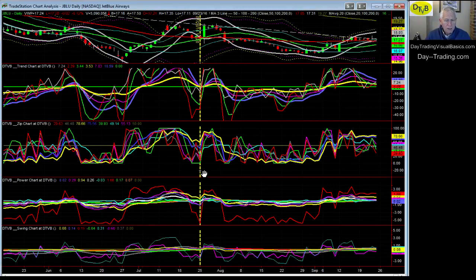But there are several right leg W pattern higher patterns and a few right leg W lower patterns as well. The zip yellow and blue are right leg lower, and the trend gray is a right leg higher. And then in the zip chart you have the pink and the red and the gray all in right leg W higher patterns.